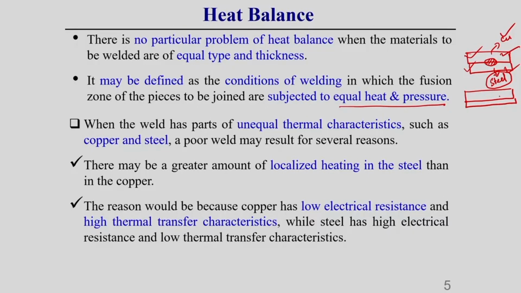How we can utilize the heat balance condition for dissimilar types of metal, that I will discuss in a subsequent slide. Apart from this, if the plate thickness is different, there is also some chance of different heating conditions in the two plates, so some heat balance precaution is also required. Okay. That I will discuss in the next slide in detail.